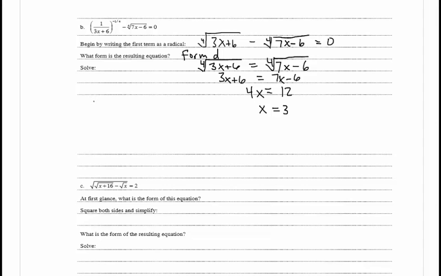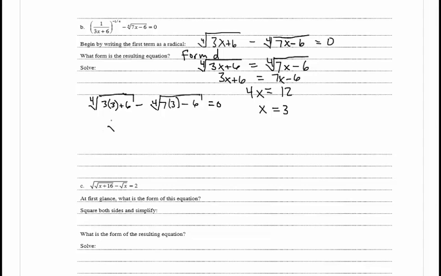So we have the fourth root of 3 times 3 plus 6 minus the fourth root of 7 times 3 minus 6 is equal to 0. And now 3 times 3 is 9 plus 6 is 15.